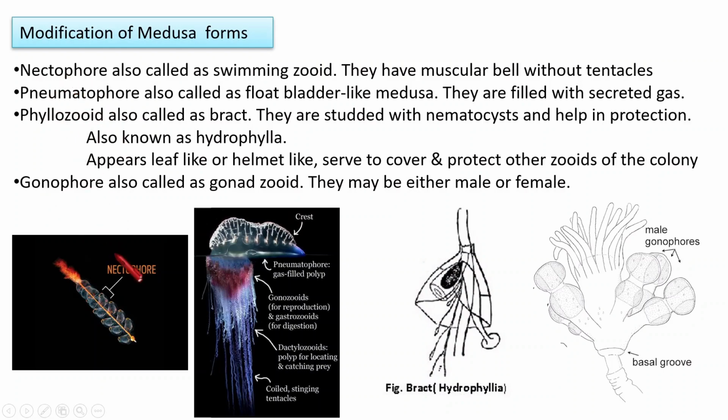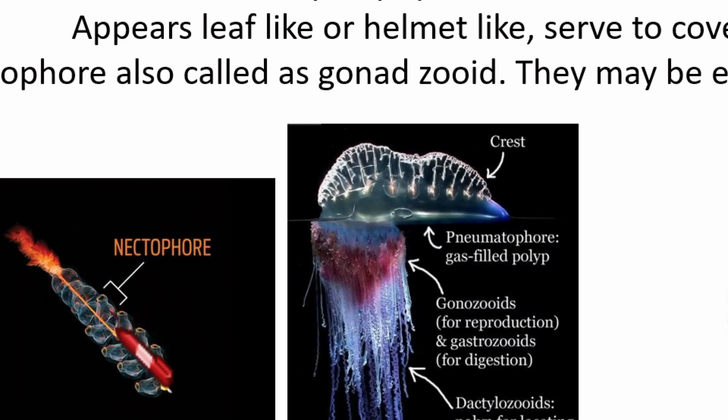So what is nectophore? Its picture is shown here. Nectophore, this bell-like structure. I have already told you that typically medusa have an umbrella or some bell-like structure. So here also we can see, as it is a modification of medusa, it has a bell-like appearance, nectophore.